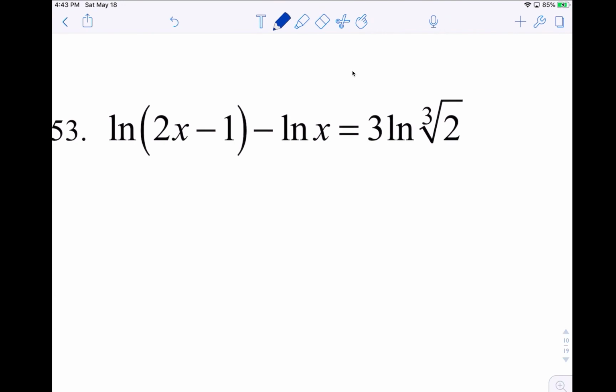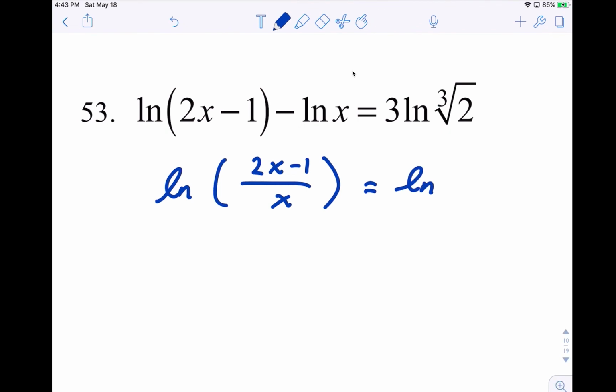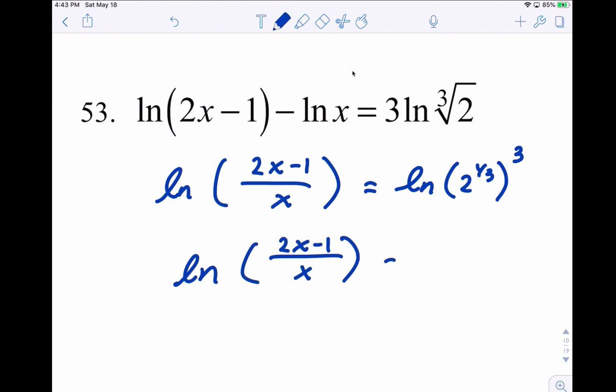All right, so 53, put them together. So you got natural log of (2x minus 1) over x equals natural log of 2 to the 1/3, to the third. Okay, so 2 to the 1/3 to the third is really just 2.